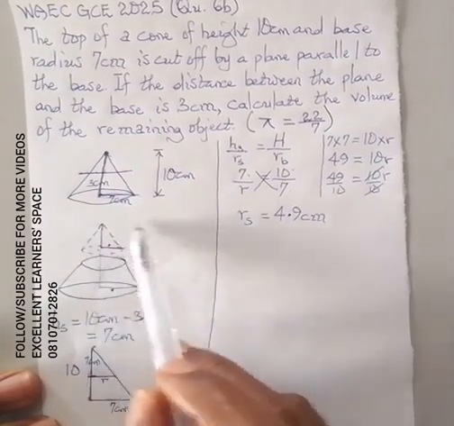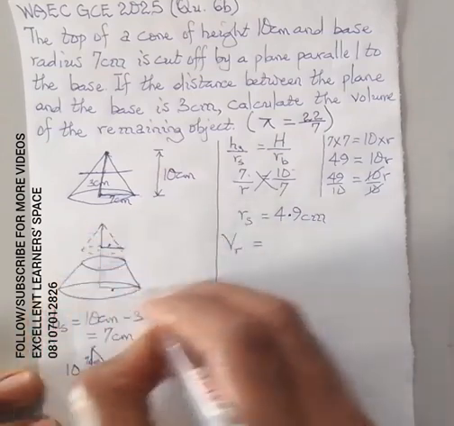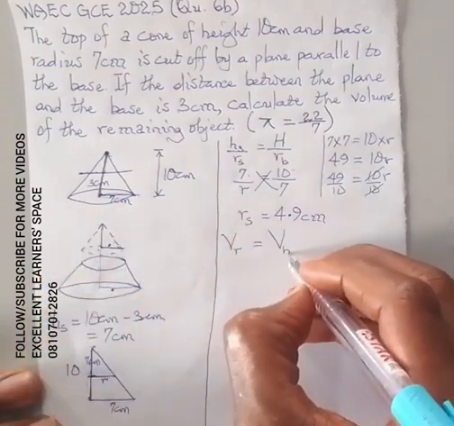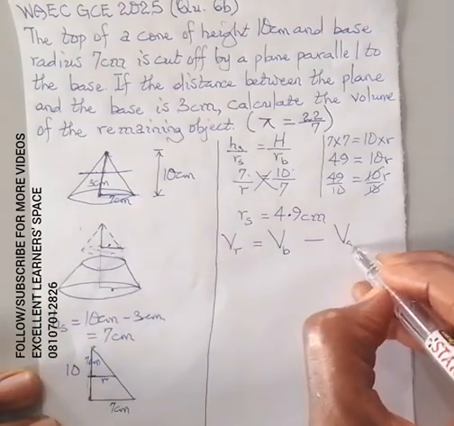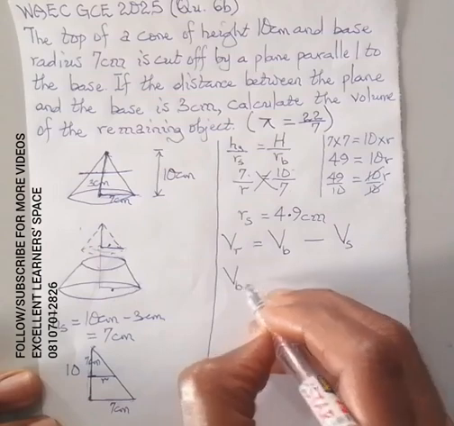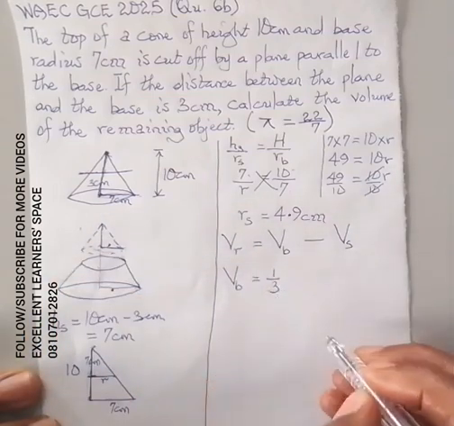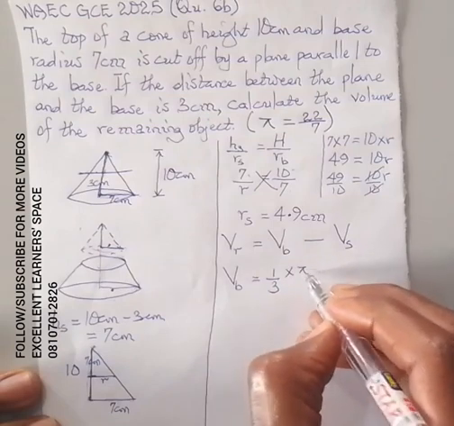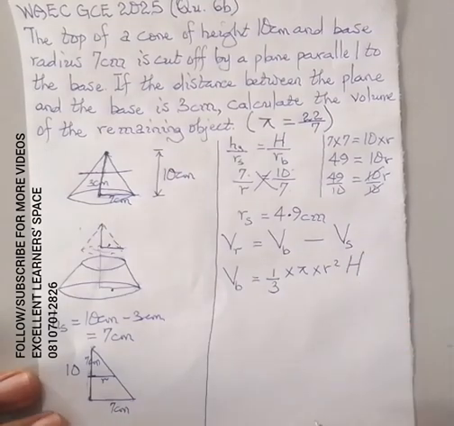The volume of the remaining part will be the volume of the whole cone, the bigger cone, minus the volume of the smaller cone. Now let's find the volume of the bigger cone. Volume formula is 1/3 pi r squared h.